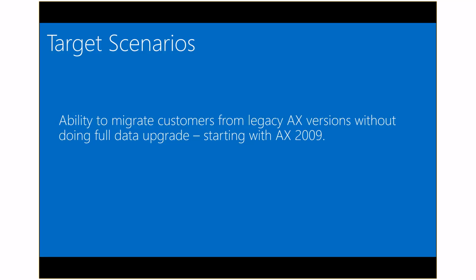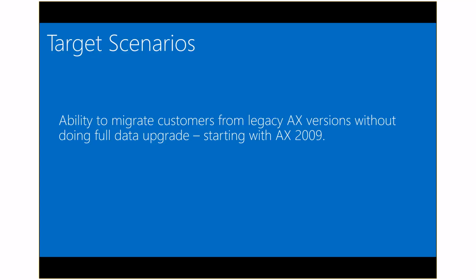So what is our target scenario? Our target scenario is to help customers migrate from legacy AX versions without having to do a full upgrade. And we're starting that journey with AX 2009 as a basis.